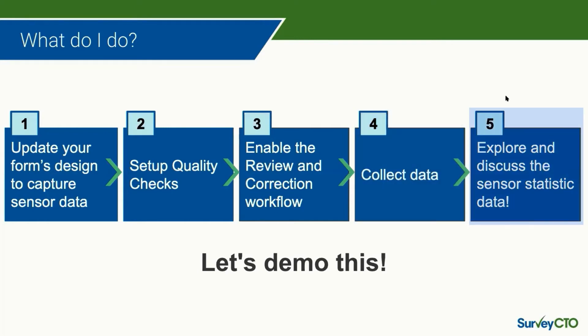And during the process of collecting data, you can explore and discuss the sensor statistic data that you are generating. And we encourage you also to include your field staff in these conversations. You may come to better understand what different values could mean through broadening that discussion and including the field team as well as your office teams.